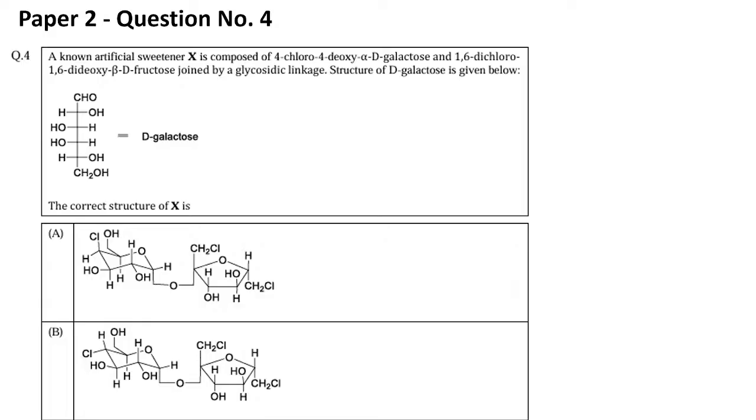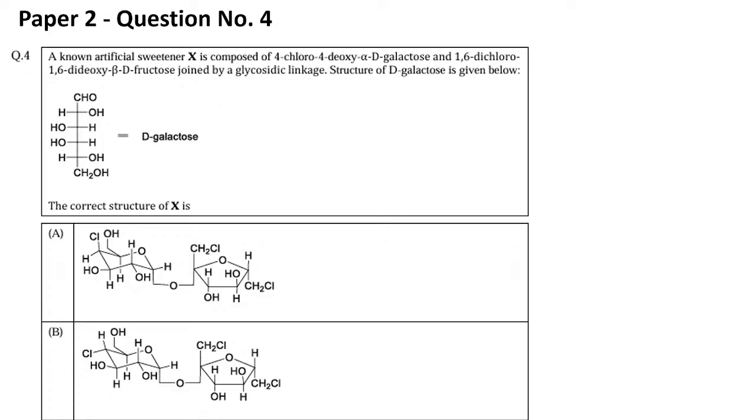Here, if you observe the question, a known artificial sweetener X is composed of 4-chloro-4-deoxy alpha D galactose and 1,6-dichloro-1,6-dideoxy beta D fructose joined by glycosidic linkage.